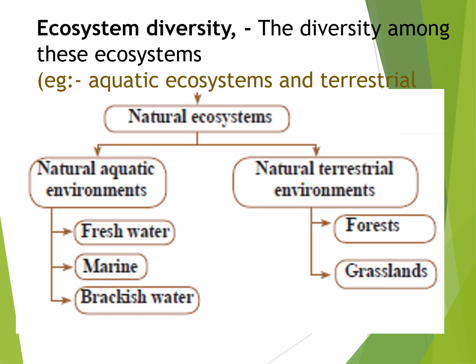Now here we are talking only about the natural ecosystems. Aquatic environments, examples for that: freshwater, marine and brackish water. Then terrestrial environments: forest, grasslands, and not in Sri Lanka but in other countries, deserts are there.